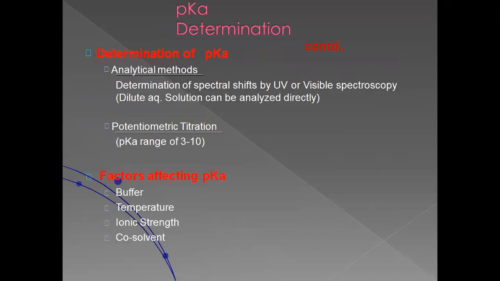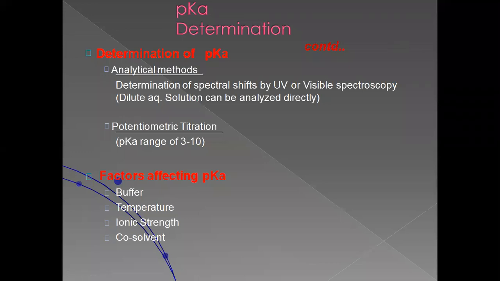So when we determine pKa, it is determined by analytical methods. Analytical methods can use UV visible spectroscopy.